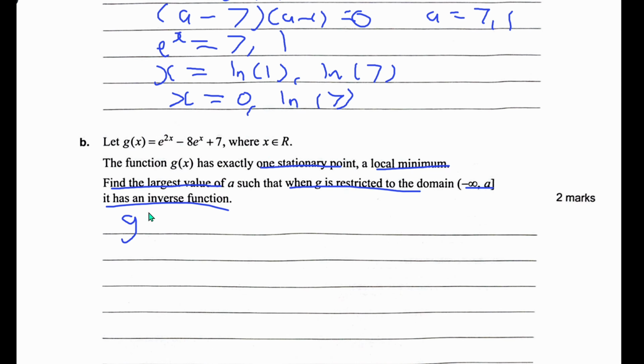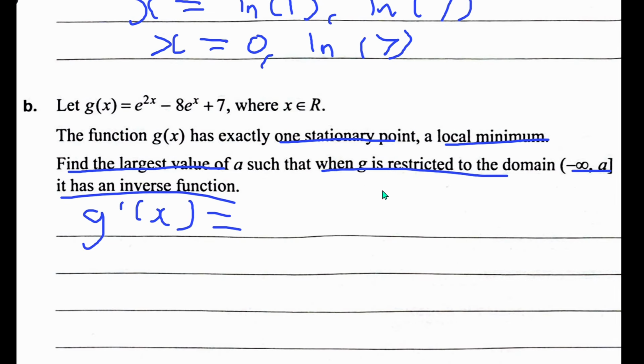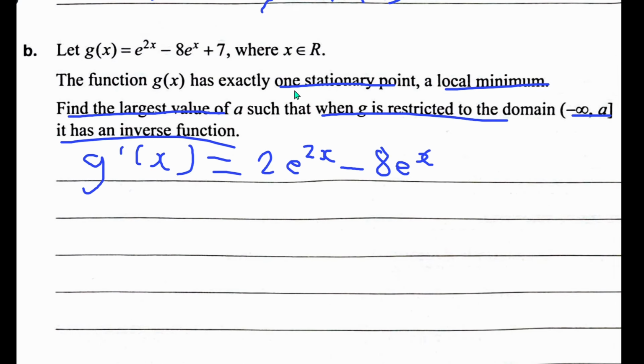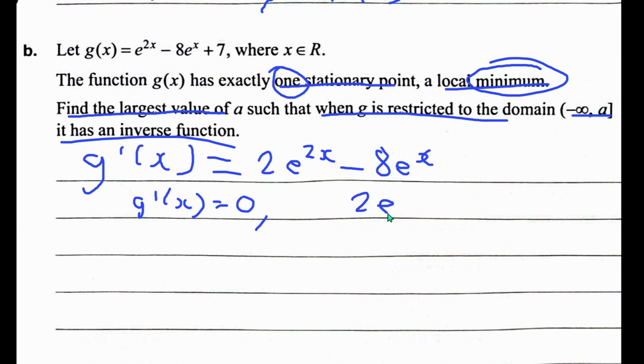Okay, cool. g dash of x equals 2 e to the 2x minus 8 e to the x. One stationary point, and it's a minimum. So g dash of x equals 0. So therefore 2 e to the 2x equals 8 e to the x.